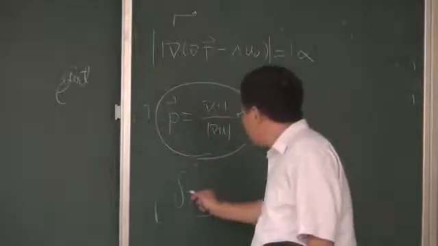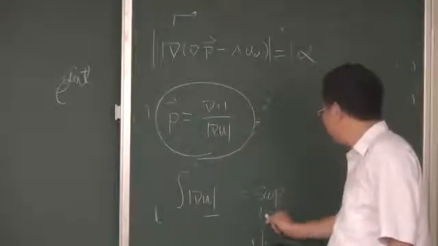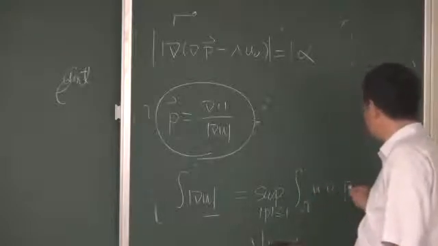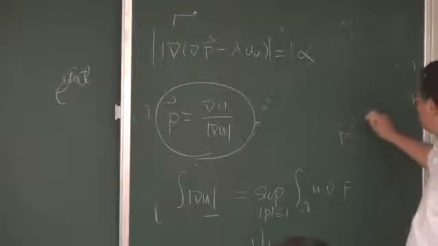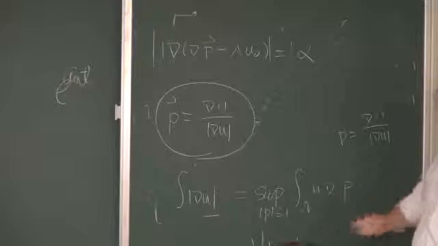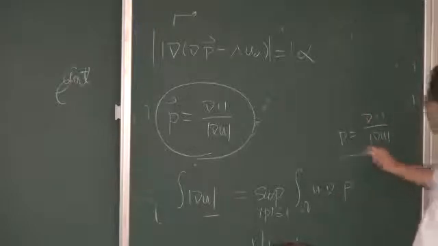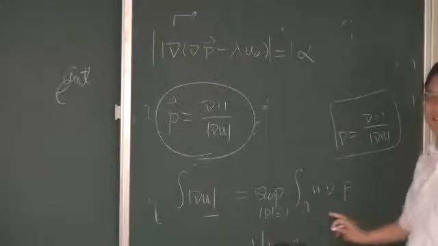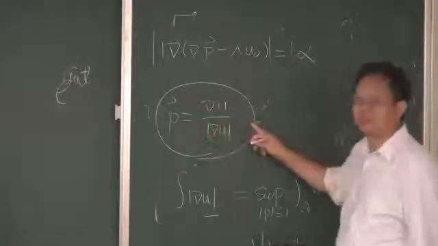Because the Chambolle method is essentially the supremum over divergence P with norm of P less than 1. So here, U divergence P. This is correct if P equals this one, especially if gradient U is nowhere zero. You can prove that this vector achieves the supremum. So therefore you see P in Chambolle's method also equals this one.